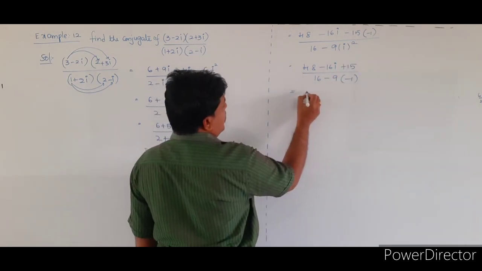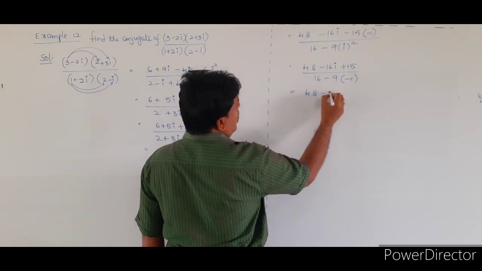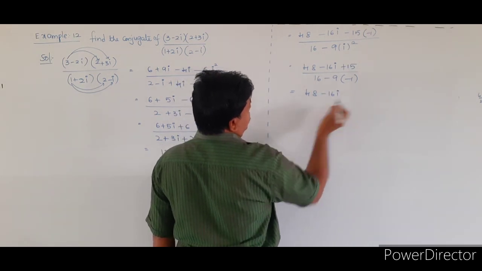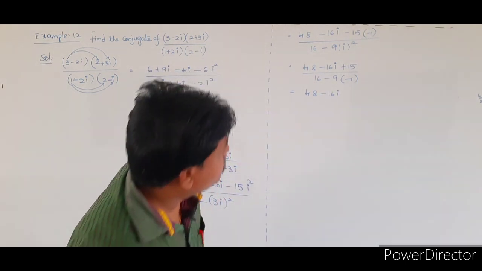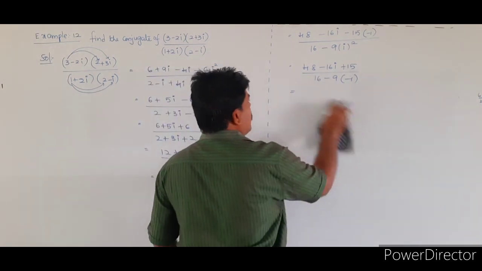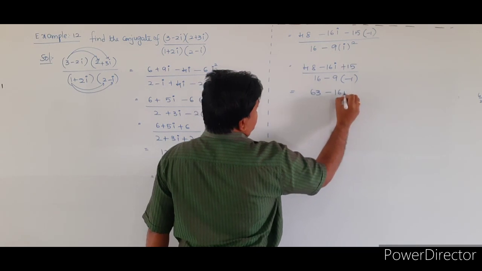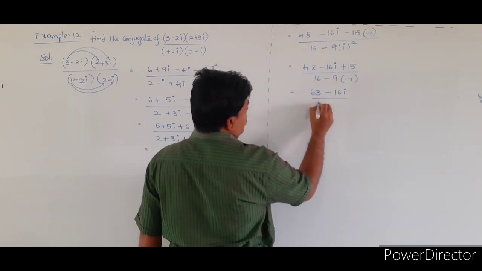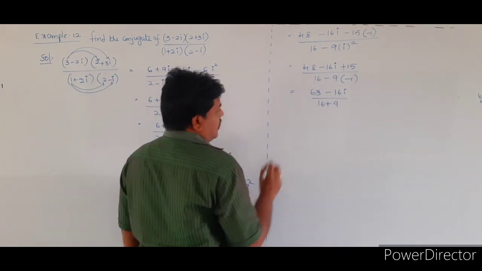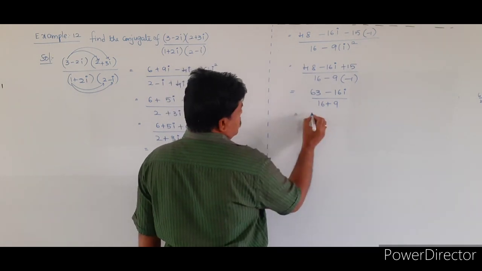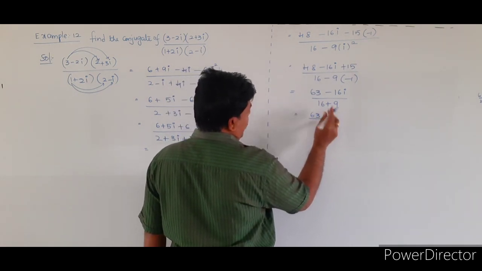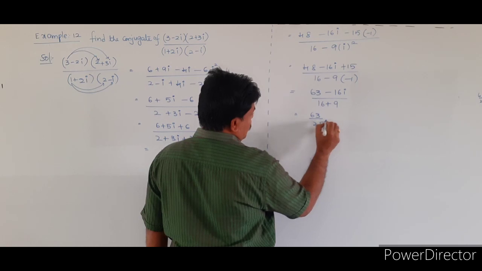So 48 minus 16i, and adding the terms, 48 plus 15 is 63 minus 16i by 16 plus 9, that is 25.